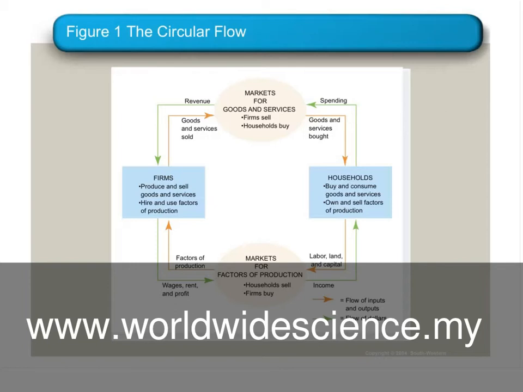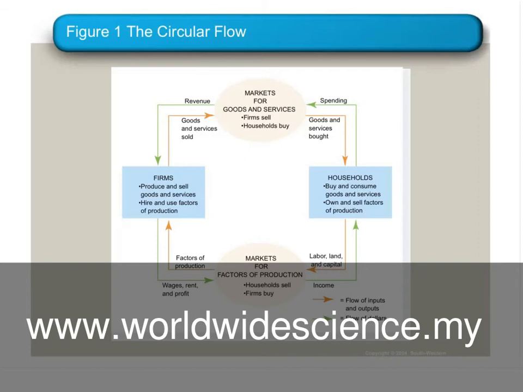And in this way, firms produce and sell goods and services, hire and use factors of production. Households will buy and consume goods and services, and own and sell factors of production. Then markets for goods and services: firms will sell and households will buy.